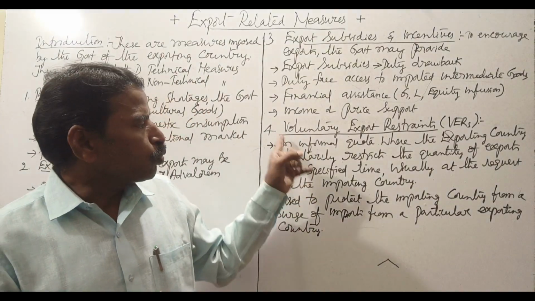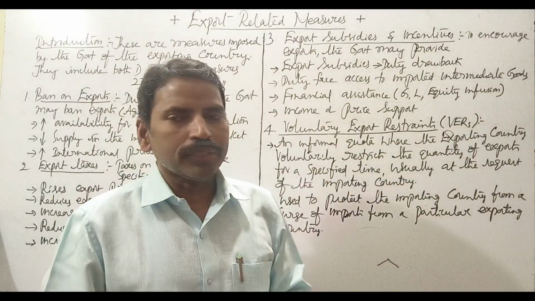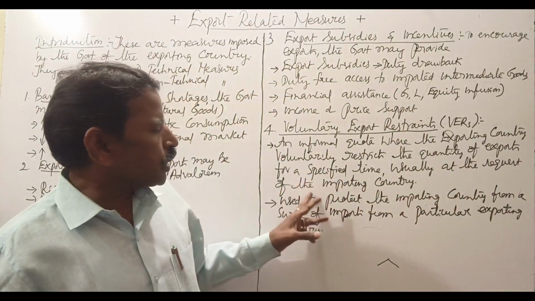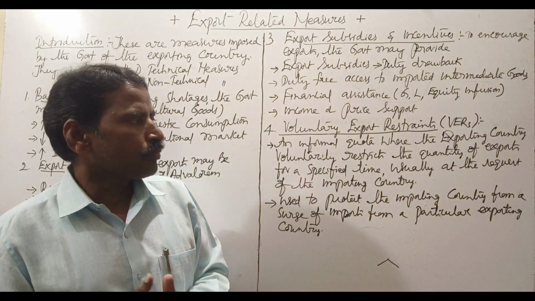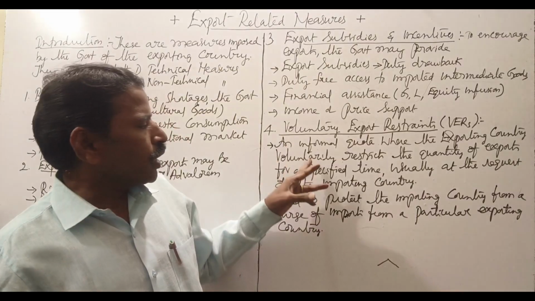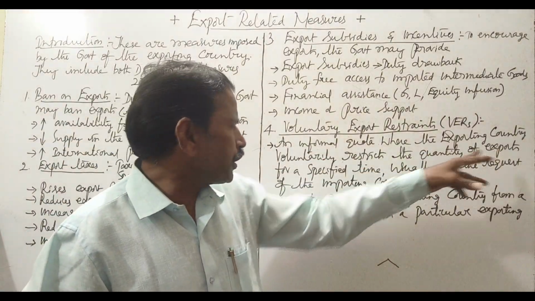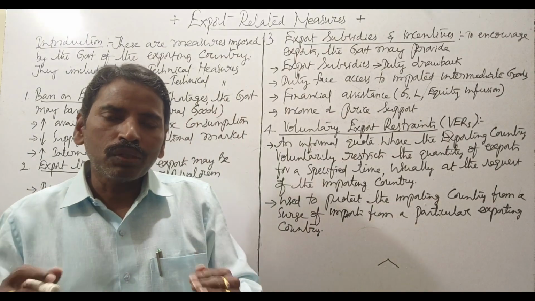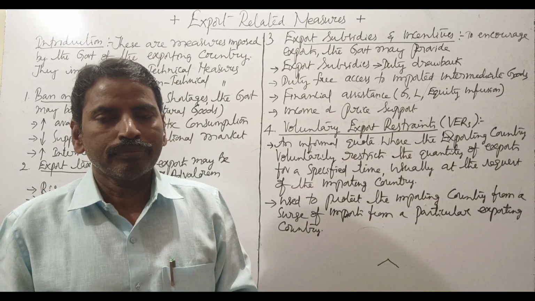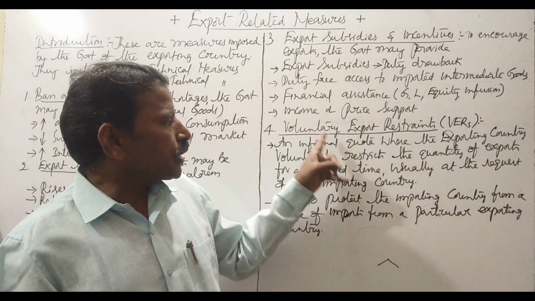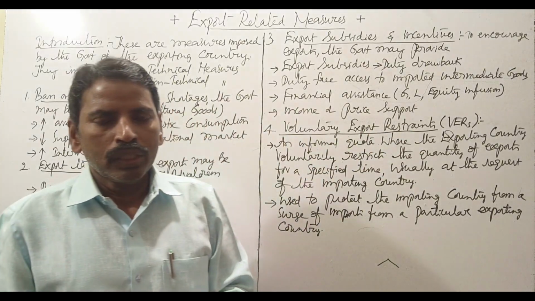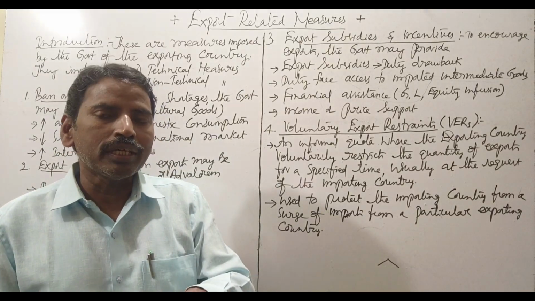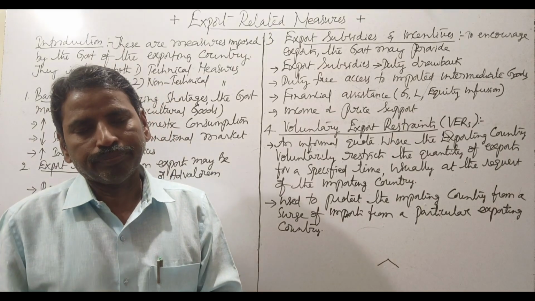This is called an informal quota. That is voluntary export restraints.